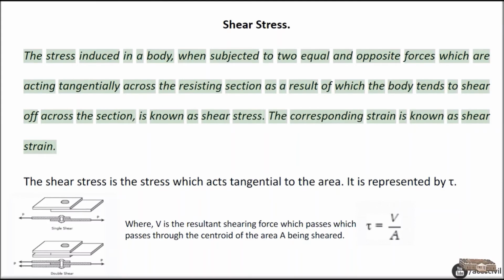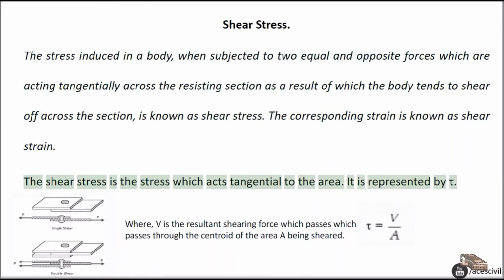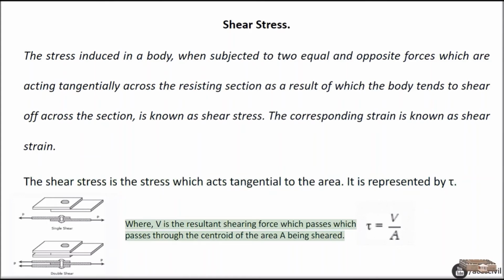The corresponding strain is known as shear strain. The shear stress is the stress which acts tangential to the area. It is represented by tau, where V is the resultant shearing force which passes through the centroid of the area A being sheared.